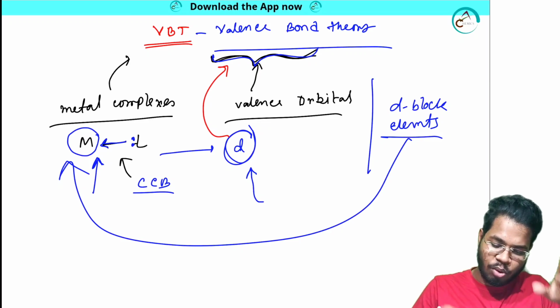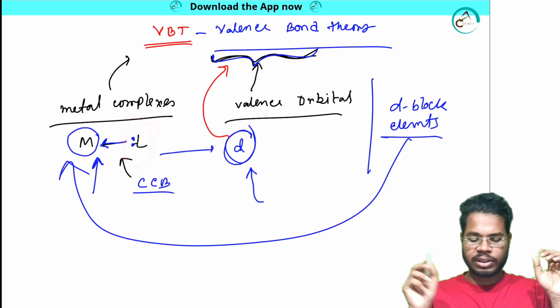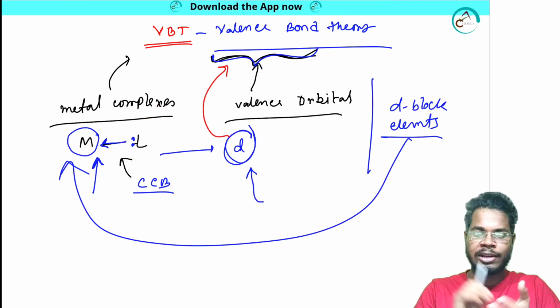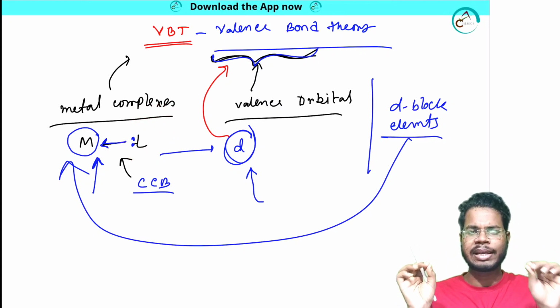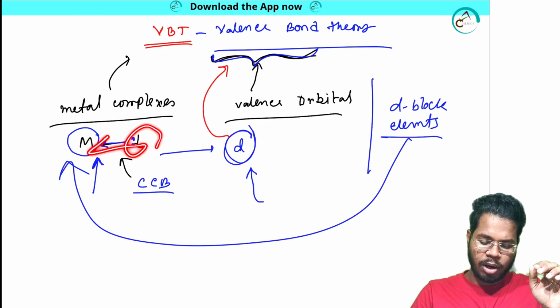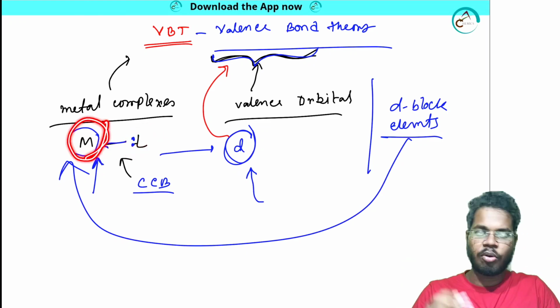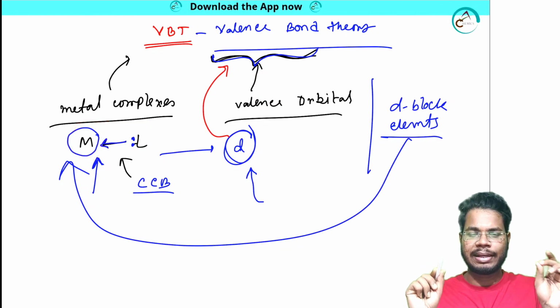We don't want to do anything with the ligand. The ligand can be anything. It can be a cation, an anion, or a neutral ligand with a lone pair, an electron pair, but it will come to bind with the metal. Whatever business we do is only with the metal, not with the ligand.